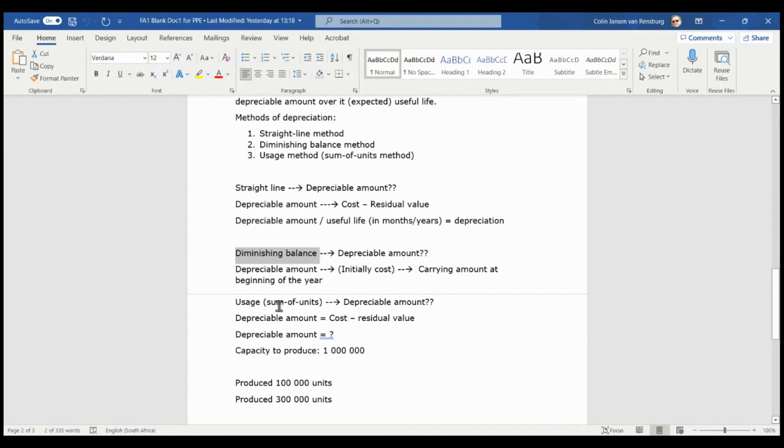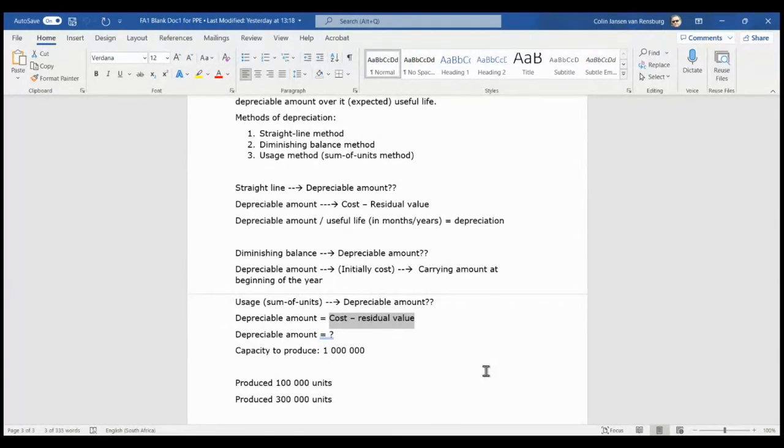When it comes to the usage or sum of units method, again, like we said, we are going to calculate the depreciable amount by taking the cost less the residual value. And then we are going to use that usage method to depreciate that over the use lifetime.